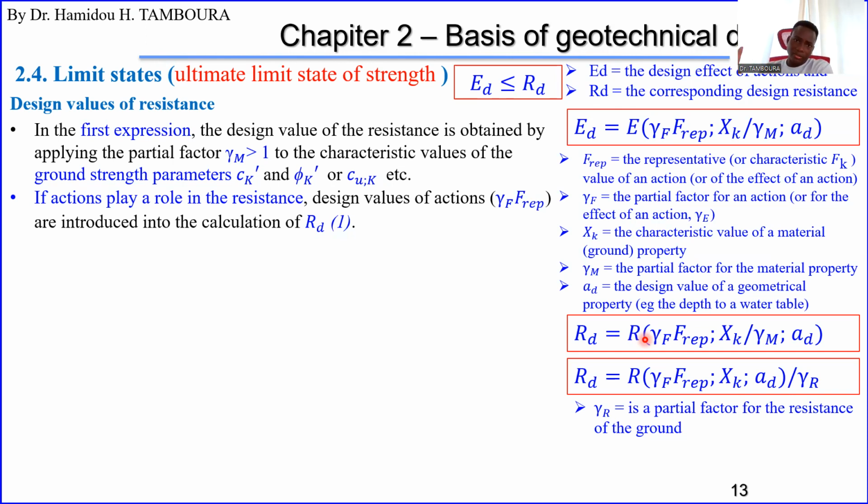One side is stabilizing, maybe another side will be destabilizing the retaining wall. So some actions are contributing to stabilize your structure. If any action is playing that kind of role, then the design value of the action is introduced in the calculation of the total resistance.